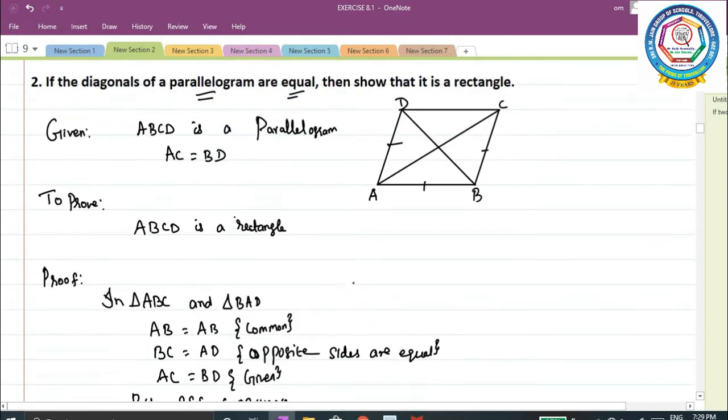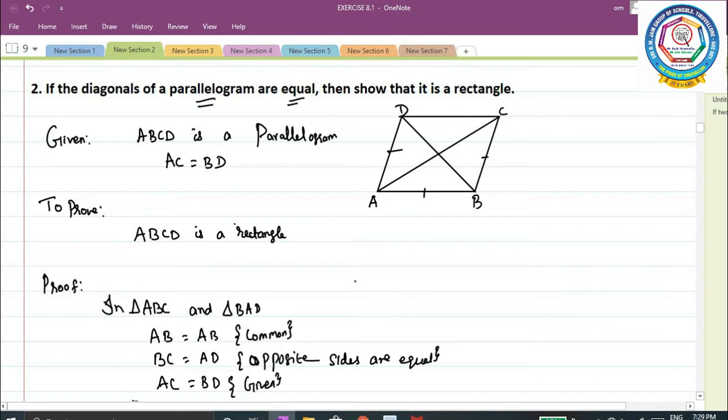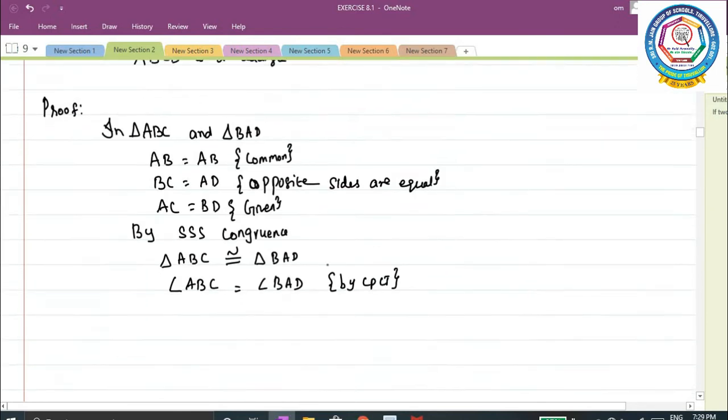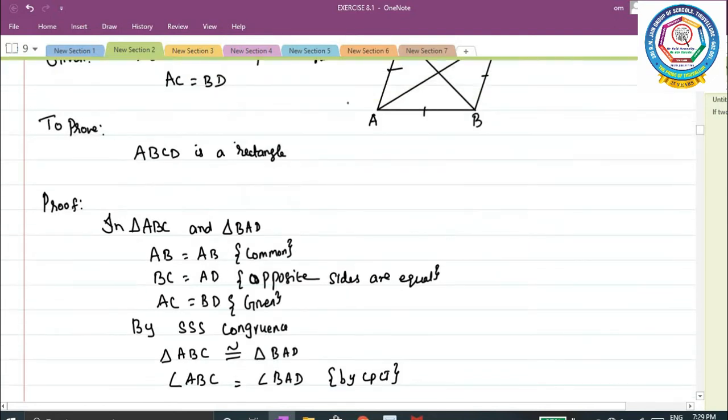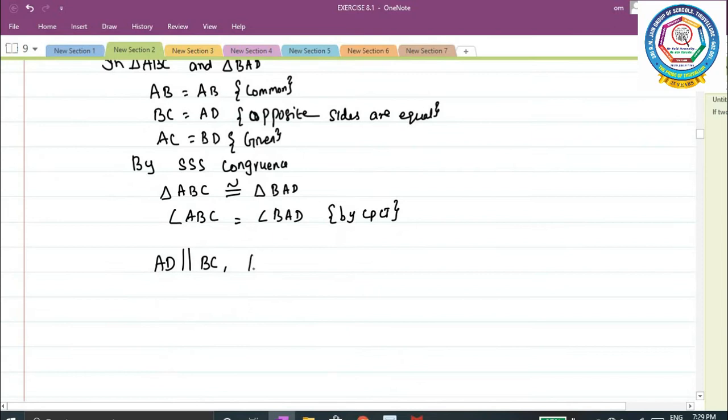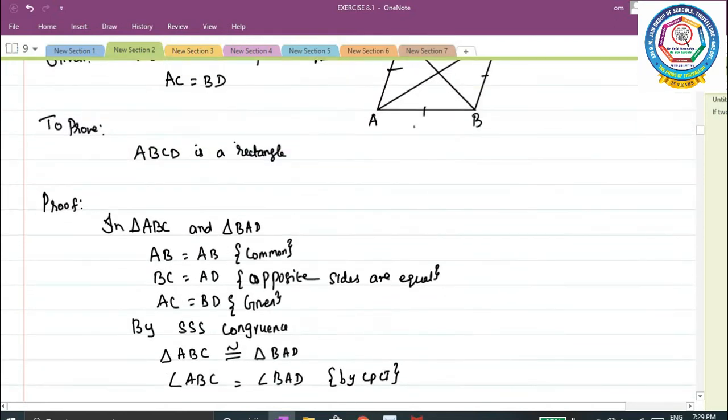But I have to prove ABCD is a rectangle. So what is given? ABCD is a parallelogram. Here AD is parallel to BC. What is the transversal? Now I am going to take AB as the transversal. So we know the property: if two lines are parallel, the sum of the interior angles on the same side of the transversal is 180 degrees.